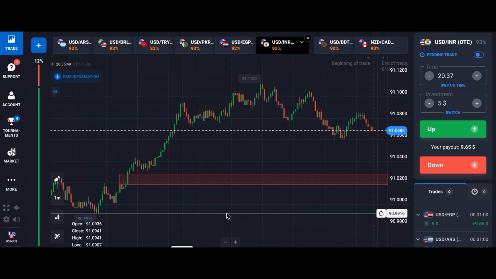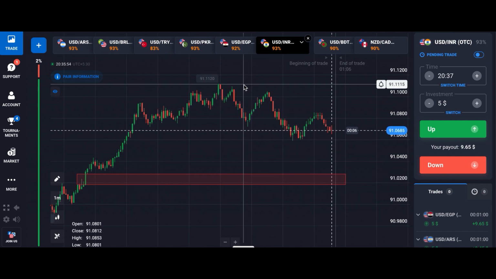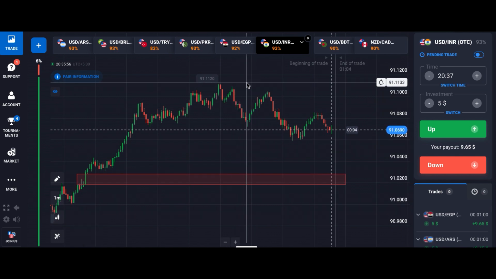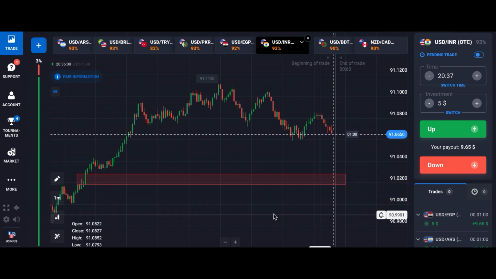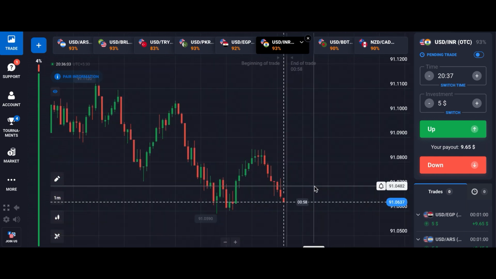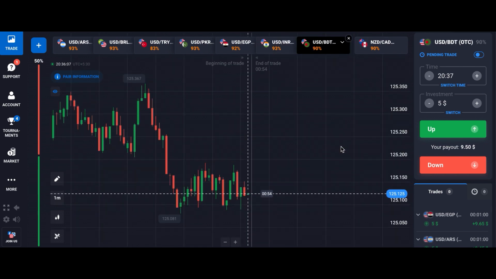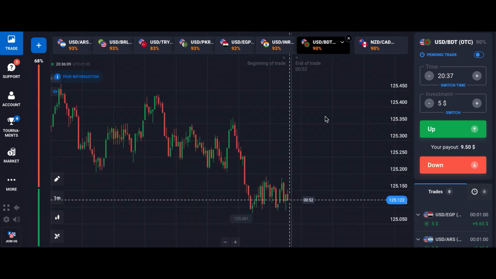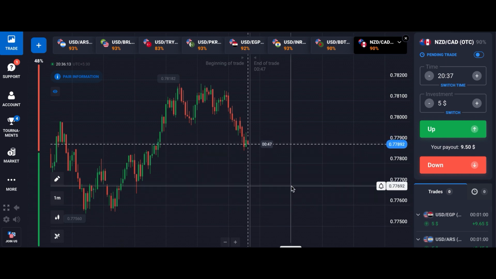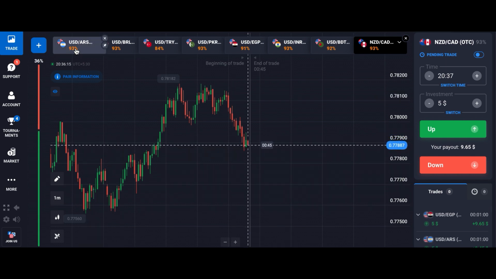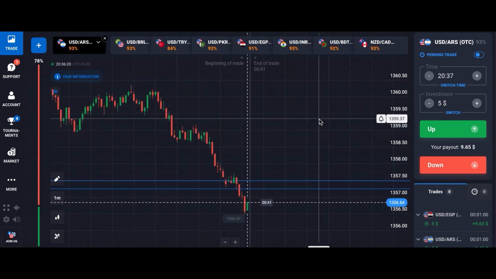As we can see, the uptrend has ended, and now the market has got rejection from here, and it is now creating lower lows. Okay, so we have to wait for that opportunity. When the market reaches that level, then we will execute our trades. Till then, we have to find another chart to find some opportunities.